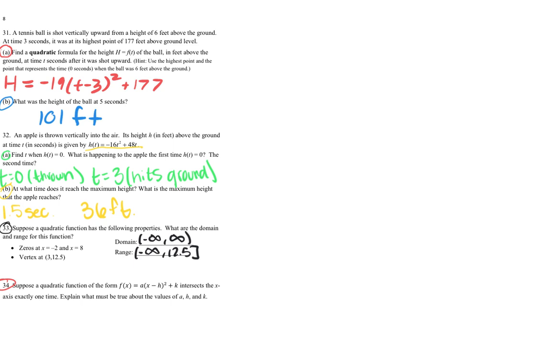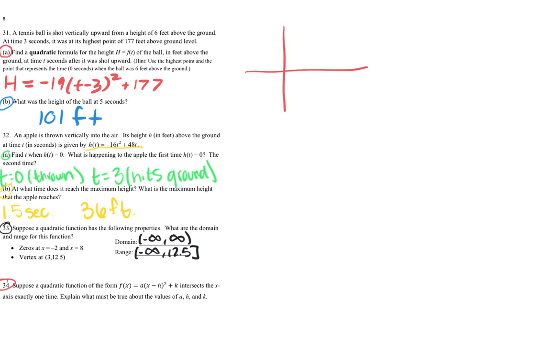Okay, so number 34 tells us, suppose a quadratic function of the form f of x equals a times x minus h squared plus k intersects the x-axis at exactly one time. Explain what must be true about the values of a, h, and k. Okay, well, let's think about this.